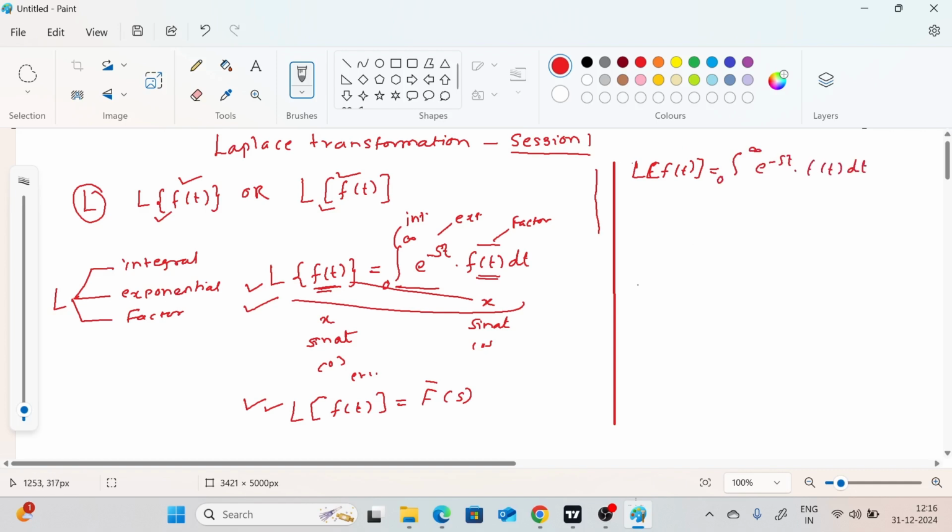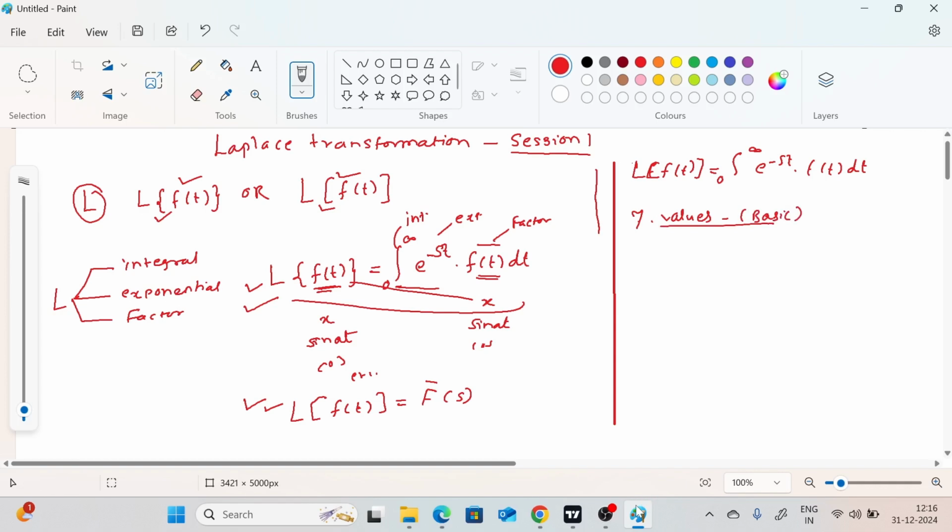This is the standard equation of the Laplace. Based on this equation, we are going to derive seven basic values from the Laplace. These basic terms we will use in upcoming sessions.